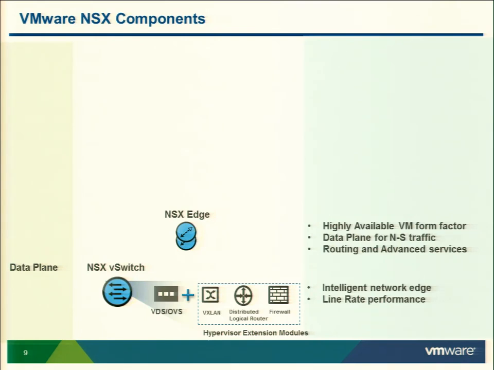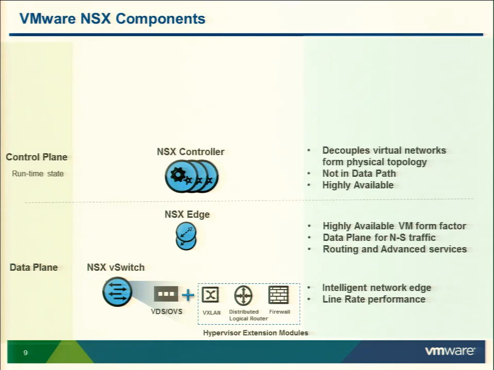So we're talking about line rate performance for all the functionality that we're talking about. And then you have the gateway functionality, which is a VM form factor, highly available, that allows you to connect from logical space to physical space. So as you go north-south from logical to physical, that is where the gateway comes into play.